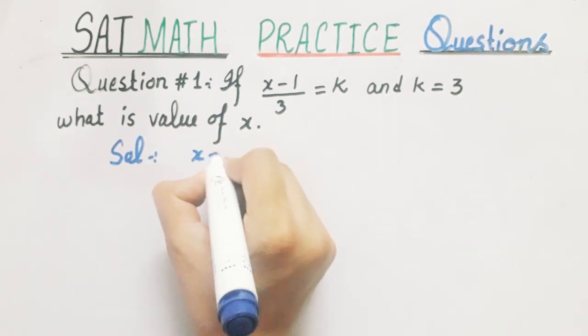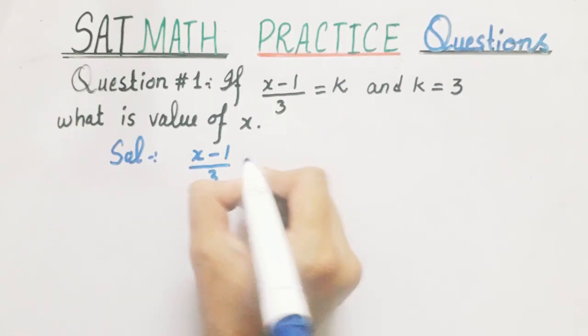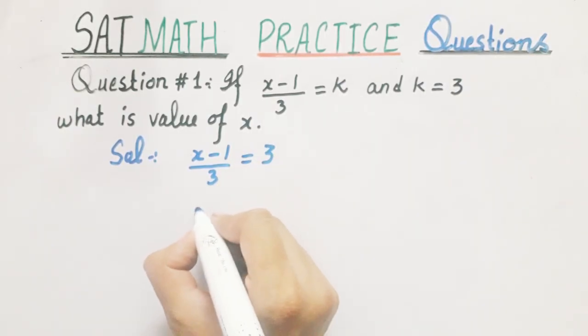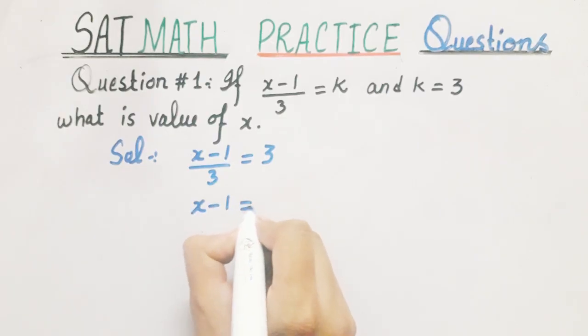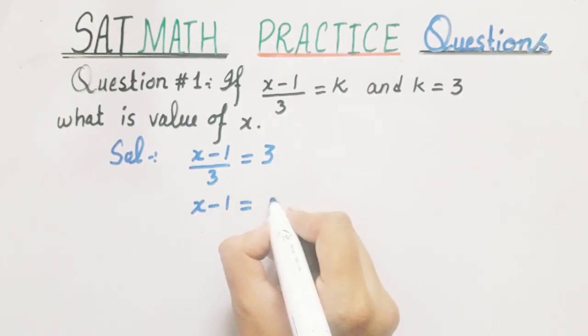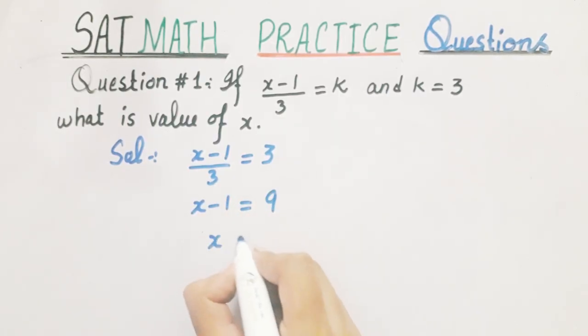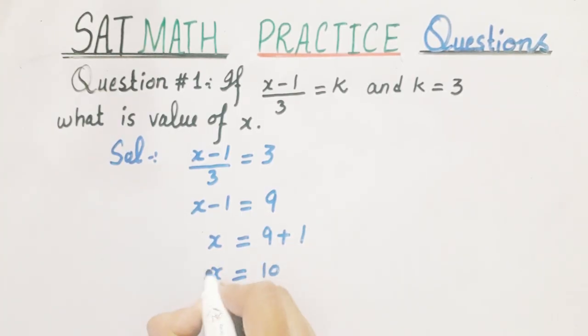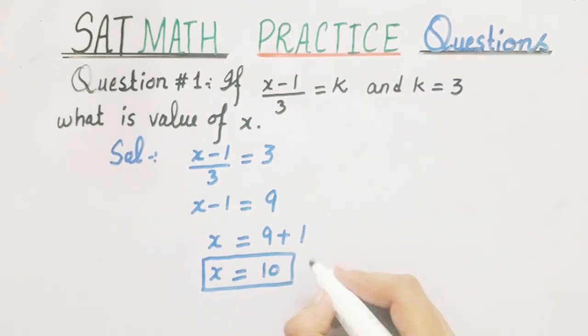So (x minus 1) by 3 equals k, which equals 3. So we get x minus 1 equals 3 into 3, that is 9. So x equals 9 plus 1, then x equals 10. So this will be the answer. You can easily check your answer.